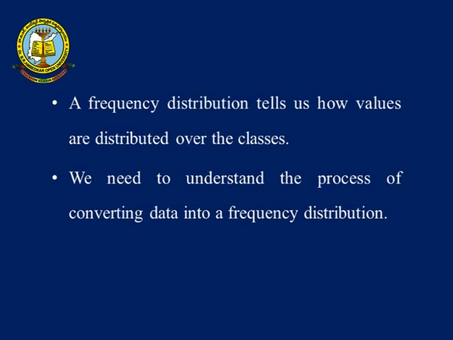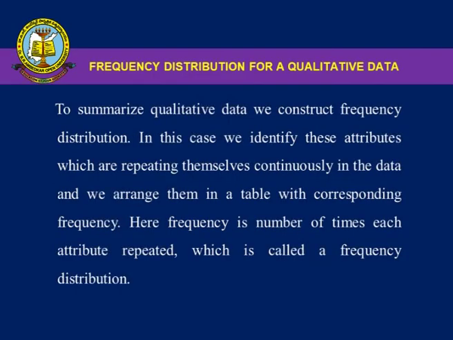We need to understand the process of converting data into a frequency distribution. Now, frequency distribution for qualitative data. To summarize qualitative data, we construct a frequency distribution. In this case, we identify those attributes which are repeating themselves in the data and we arrange them in a table with corresponding frequency.